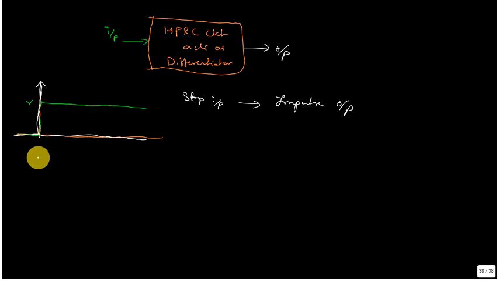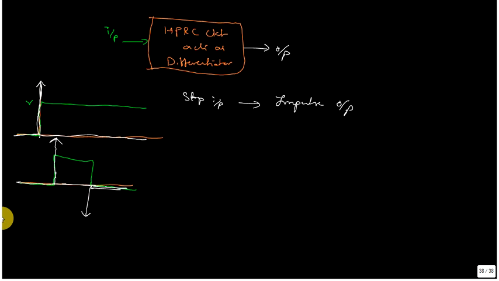If you apply a pulse signal like this, then the output is a positive going impulse followed by a negative going impulse, and again the output is 0. So this is the output waveform.